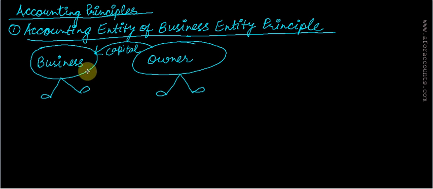Goods taken for personal use, or say if furniture is bought for the owner's residence and cash is paid from the business fund, then what will you do? You will treat it as drawing, because furniture is used in the owner's residence and not for business. So we say that according to the accounting entity or business entity principle, these are two separate entities.